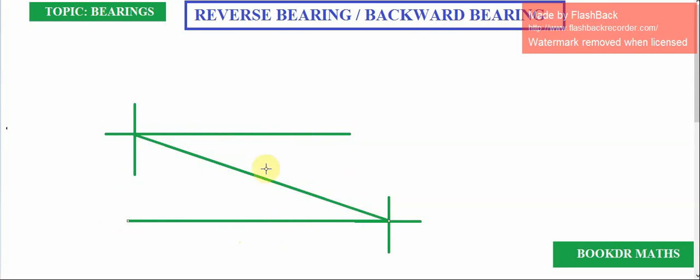So this becomes a transversal line. So this should tell you that the angle here will alternate to the angle here. Look at my Z. The angle here will alternate to the angle here. So the value of the angle here will always be the same as the one here.